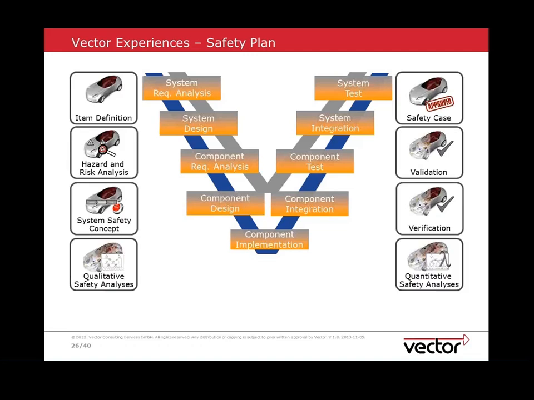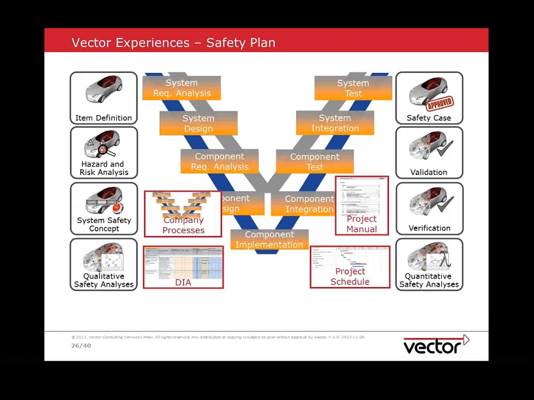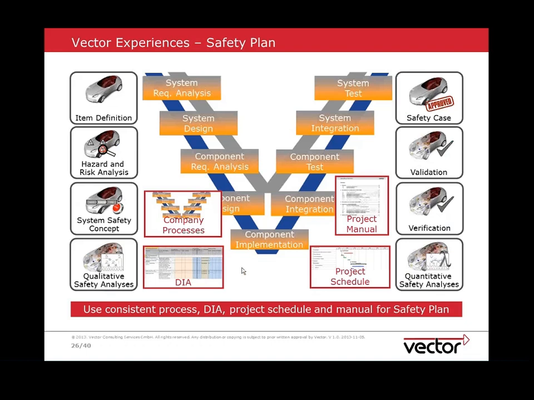The safety plan relates the different activities throughout the life cycle into concrete processes, such as the development processes which have to be taken, maybe depending on the ASIL level, the interface agreements which have to be set up, project planning, where, for instance, activities related to safety management or to safety analysis have to be budgeted, and finally a project manual, which then also helps to document the different activities.